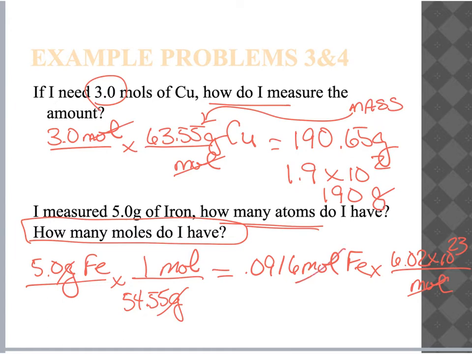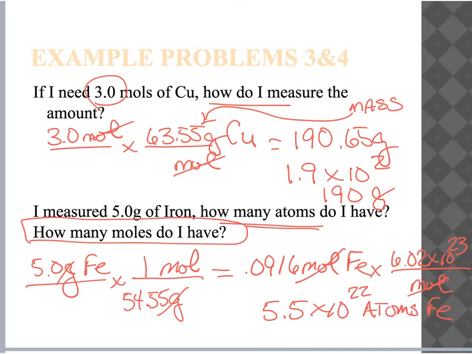My moles cross out, and I'm going to take my previous answer and multiply it by Avogadro's number, which I had stored as N, and my second answer for this question is, with 2 sig figs, 5.5 times 10 to the 22nd atoms of iron.